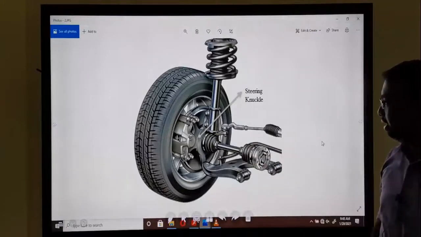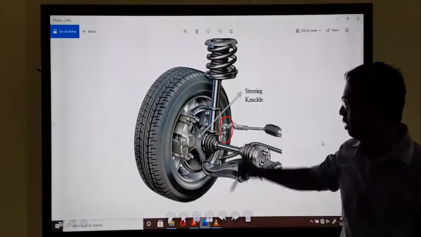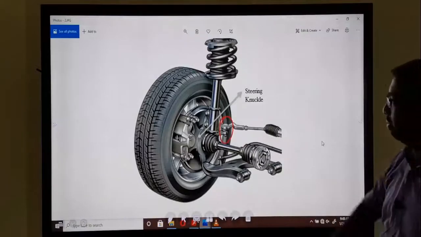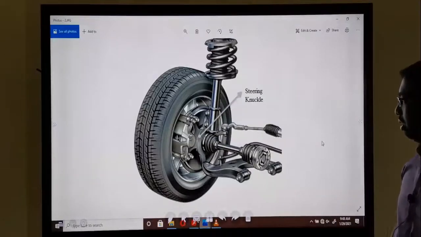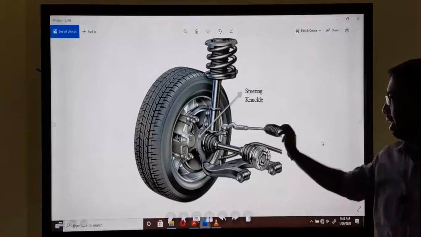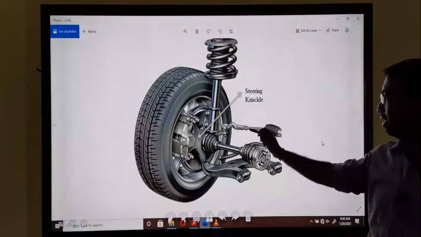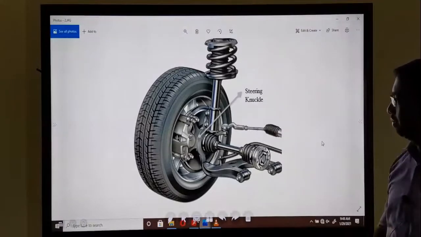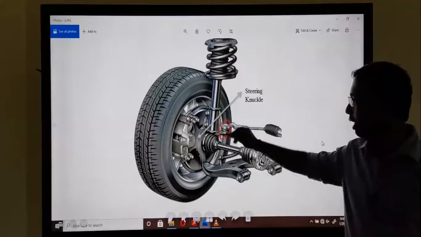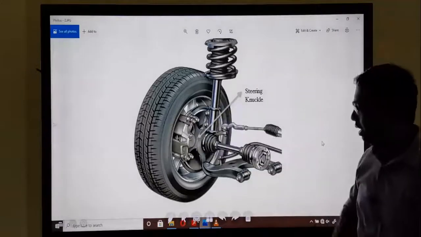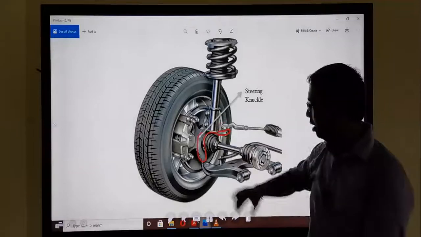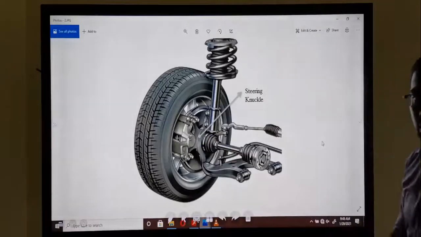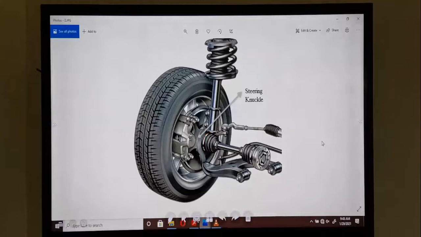Here you can see this joint is called a ball joint, and this is the steering rod. This is the ball joint, and this arm and this whole area is called the steering knuckle.